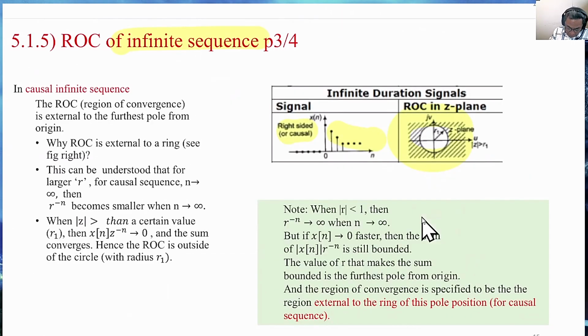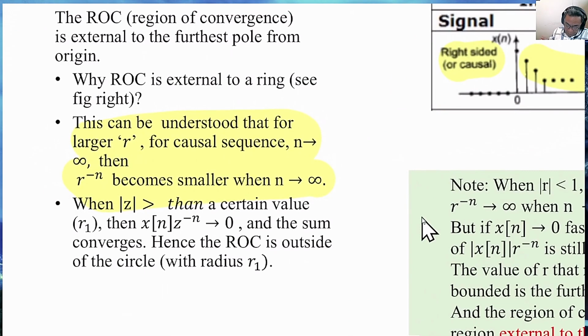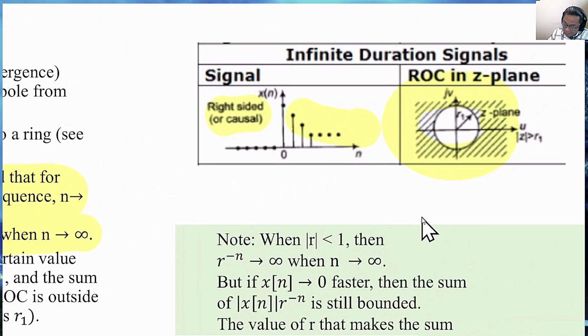So how do we understand that the region of convergence is external? It's because for a causal sequence, as n becomes larger, r to the power of minus n becomes smaller. When we have a value of r and r is becoming larger, then z to the power of minus n becomes smaller.